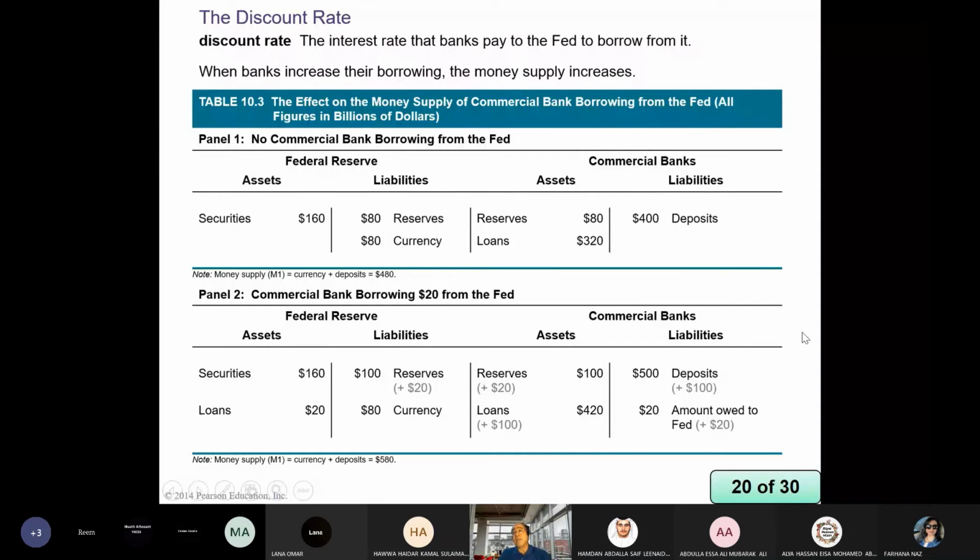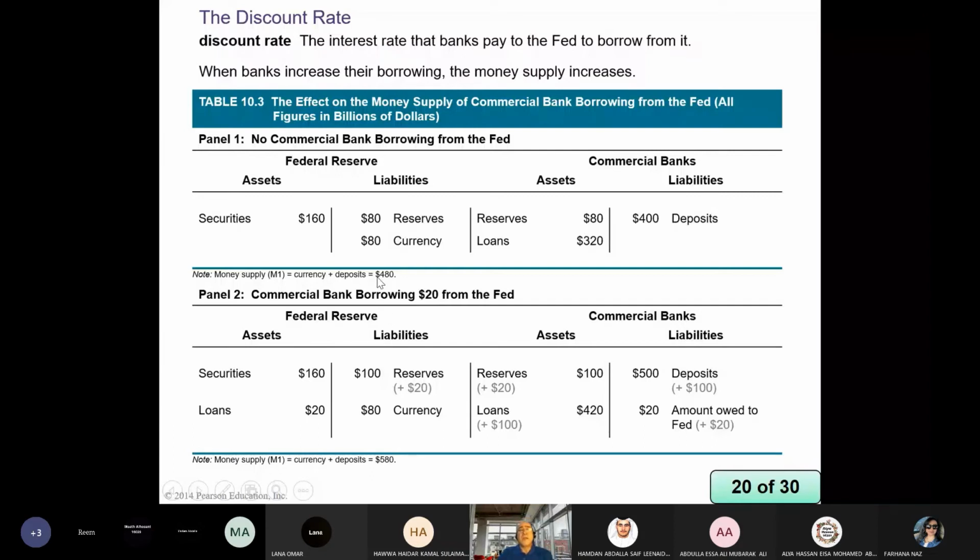Let's calculate what happened to the quantity of money supplied. The quantity of money supplied in the old version equals currency held by the general public, 80, plus demand deposits, 400. So it is 480.